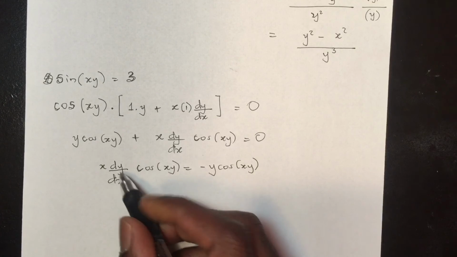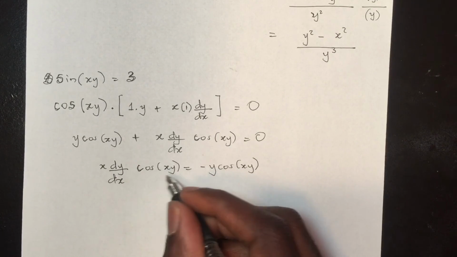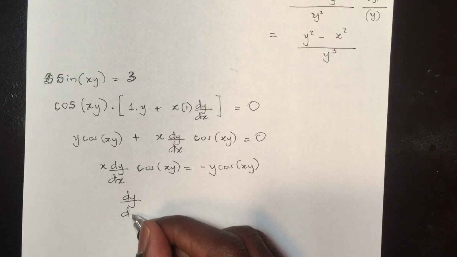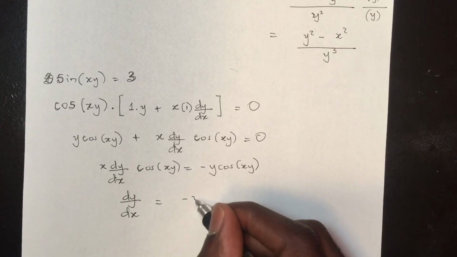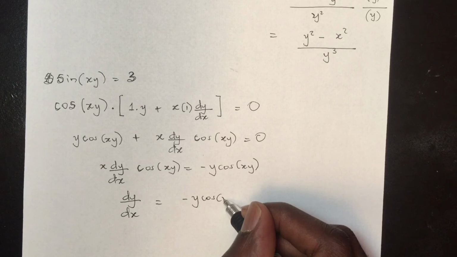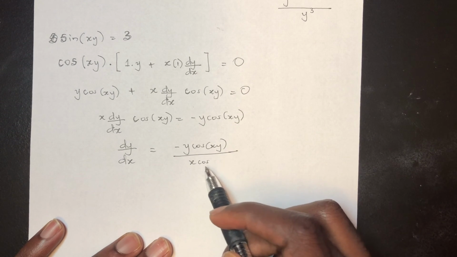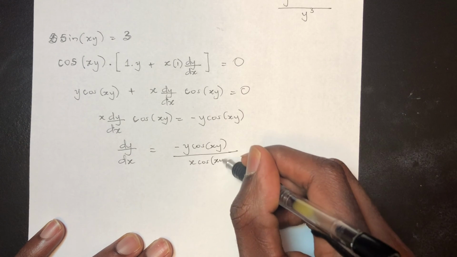Then we divide both sides by x cosine of xy, and we have dy dx equals negative y cosine of xy divided by x cosine of xy.